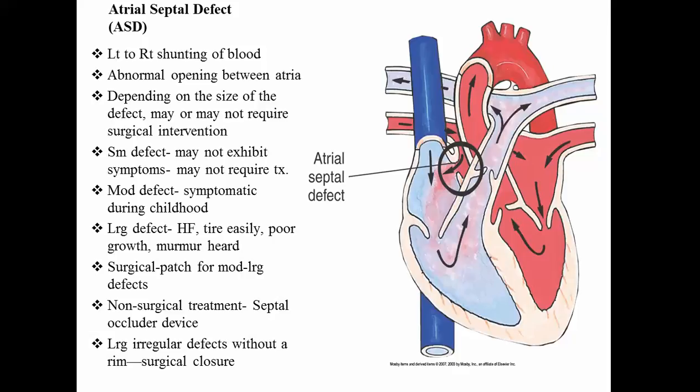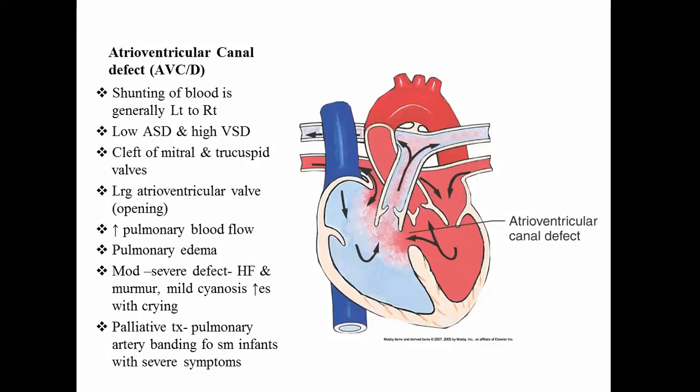All right, the next defect we're going to talk about is atrioventricular canal, or AVC or AVD. This is still a defect where there's increased pulmonary blood flow. The AVC is one of the most common cardiac defects in children who have Down syndrome. As you can see, there is a low atrial septal defect, so there's no atrial septum.